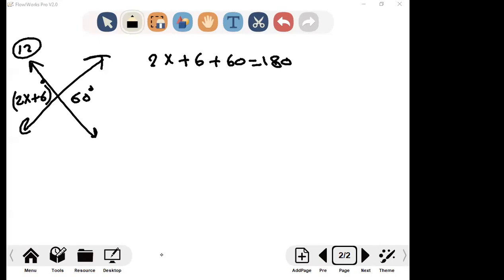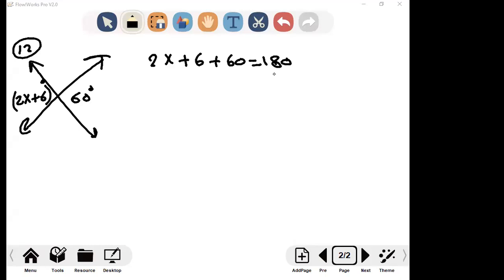Equal to 60. What's equal to 60, Mr.? Be more clear, please. 2x plus 6 equal 60. Why should they be equal? Because 2x plus 6 is vertical to 60. They are vertical angles, right? And vertical angles are also always equal.